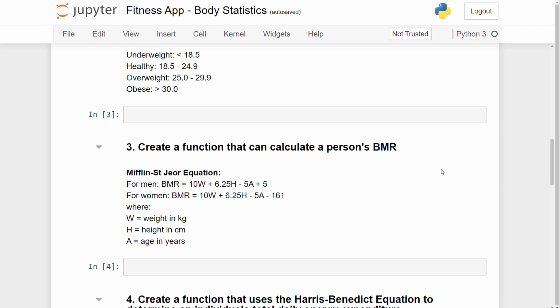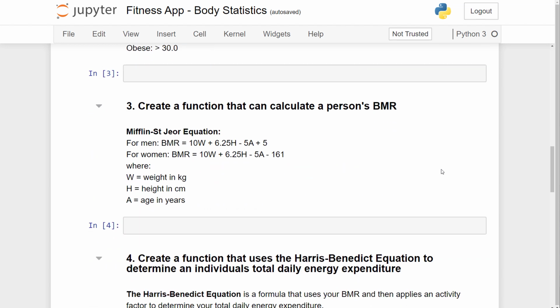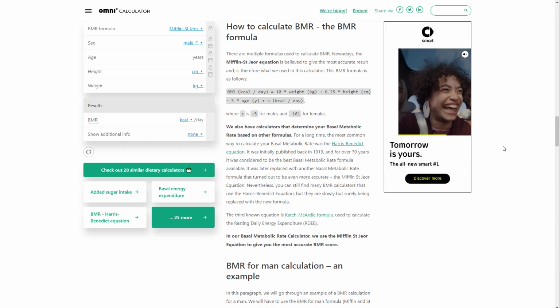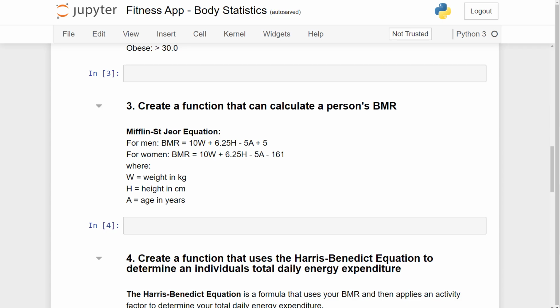We're then asked to create a function that can calculate a person's BMR, where BMR stands for basal metabolic rate. And in order to determine this, we're going to be using what is known as the Mifflin-St Jeor equation. And I have picked this information up from the omnicalculator.com website, as you can see here. So what the BMR will actually provide is an estimate of the amount of calories that a person will burn whilst at rest.